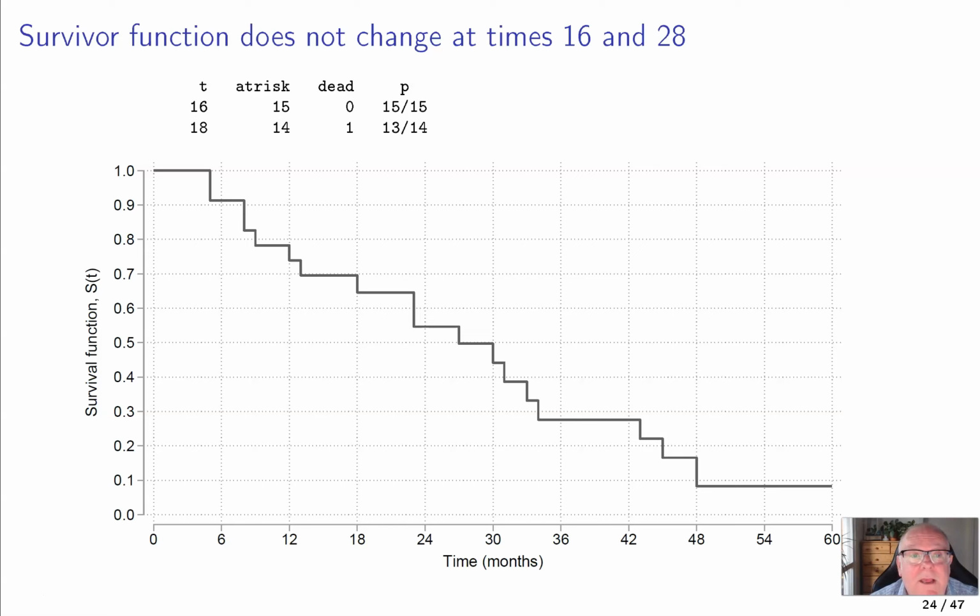And now we can see at time 16, there was a censoring, but the censoring does not change the estimated survivor function. What it does is it reduces the number of patients at risk, which affects what happens when the next patient dies.